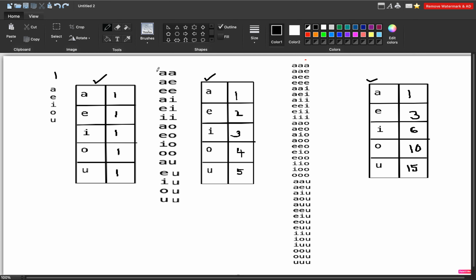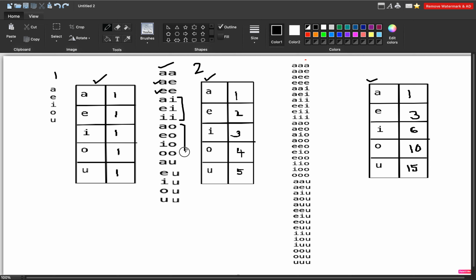In the test case where n is 2, for a there is 1 only, for e there are 2, and similarly i is 3, o is 4. Basically this array contains the number of strings which are ending with this particular character. So remember this.